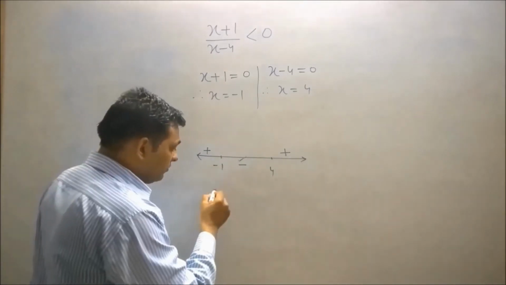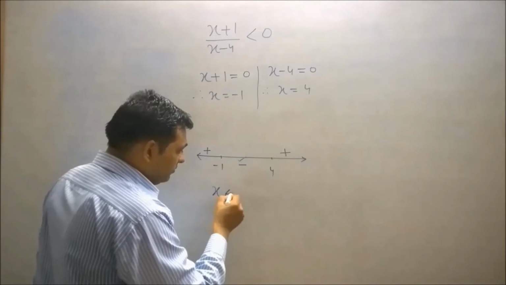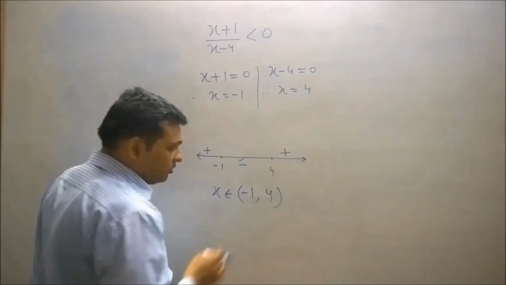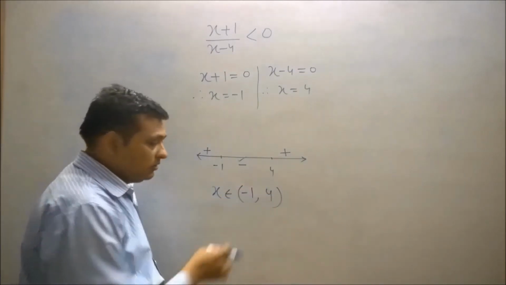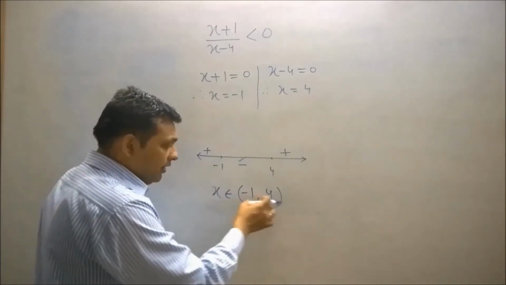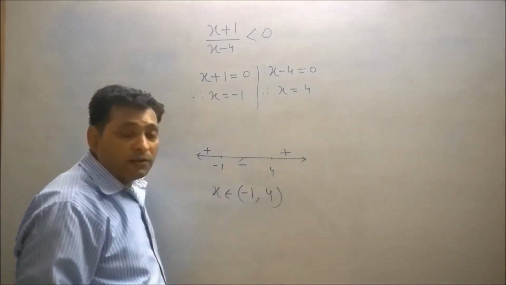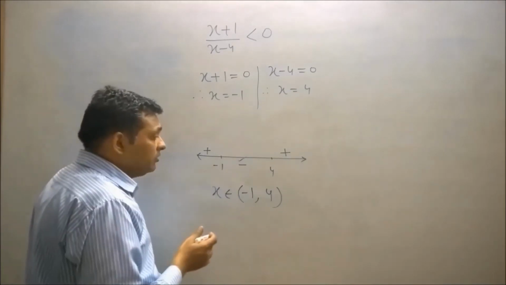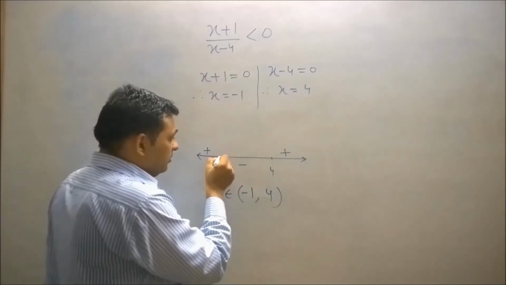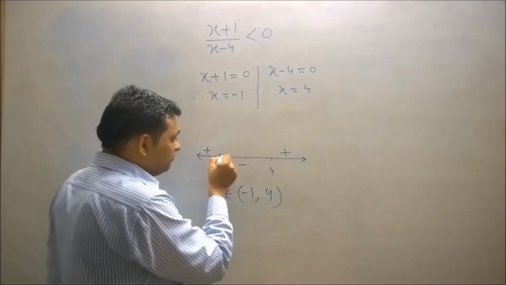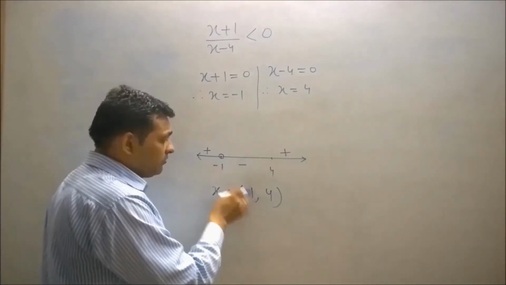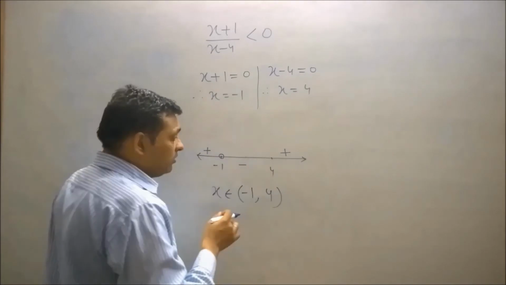So the solution set of the given inequality is (-1, 4), and these two numbers are enclosed in open brackets, which means -1 and 4 are not included, but all the numbers lying between -1 and 4 are the solution of the given inequality. If we want to represent this solution set on the number line, then we have to draw an open circle on the point x = -1, since x = -1 is not a solution of the given inequality.